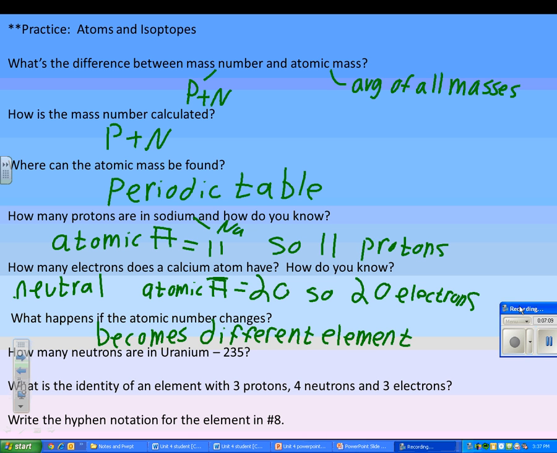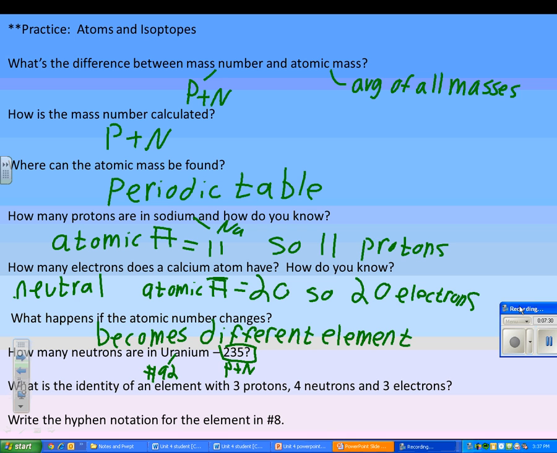Okay. How many neutrons are in uranium-235? Remember, 235 is the mass number. This is protons plus neutrons. If we look at uranium on the periodic table, it's kind of hard to find. It's number 92. So that's how many protons we have.